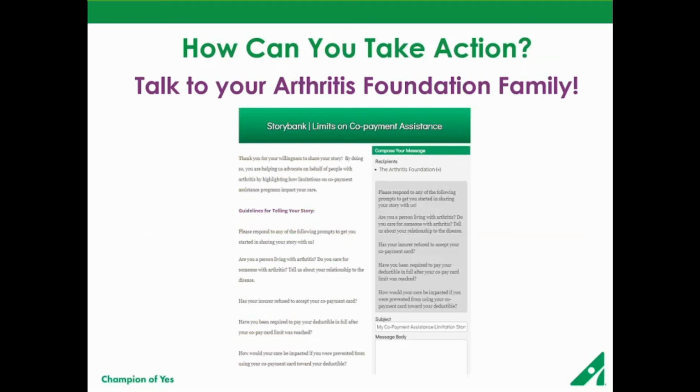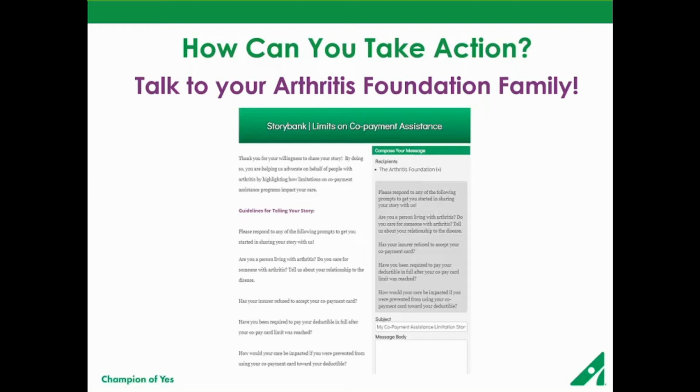This is one of our top action alerts. And what we're asking you to do here is quite simple. Just to reflect on your experience and make sure that if you are having trouble with one of these programs or you're experiencing one of them, that you're letting us know about it.